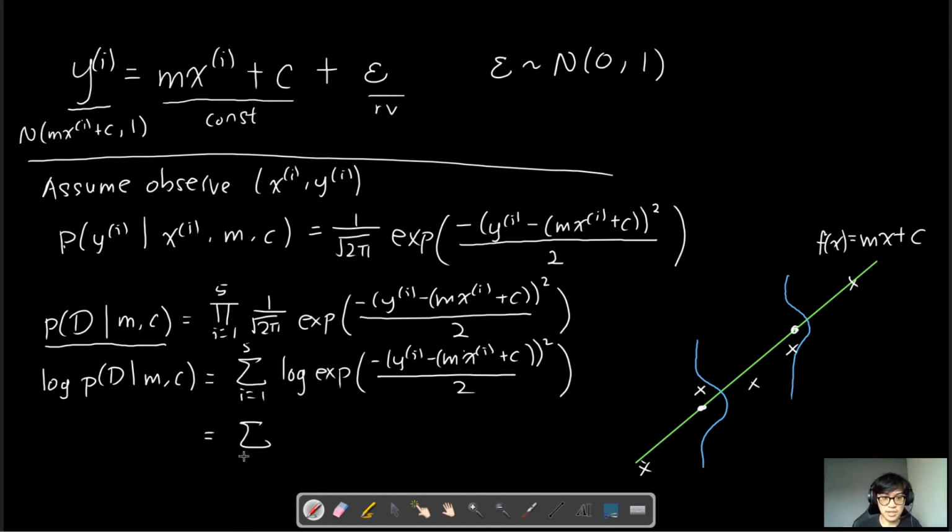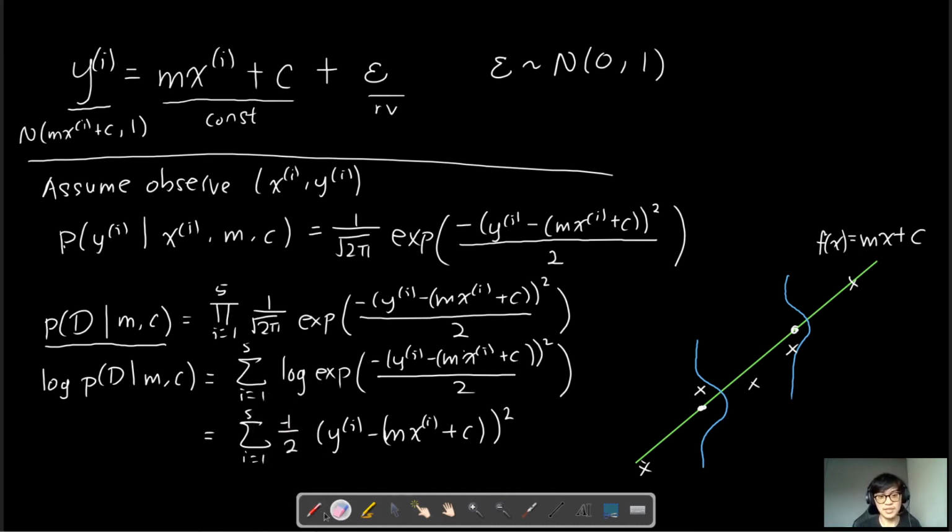is summation of i equals 1 to 5 of, what do we have? Negative 1 over 2 of (y superscript i minus (m x superscript i plus c)) squared, right? So again, if you want to maximize this log likelihood, it really doesn't matter what this half is, right? So this half essentially is useless. We can ignore it.